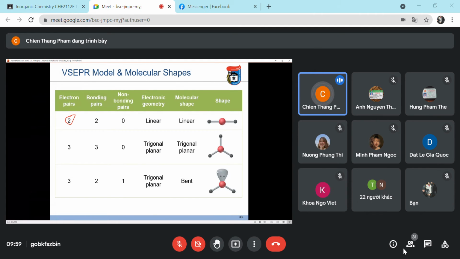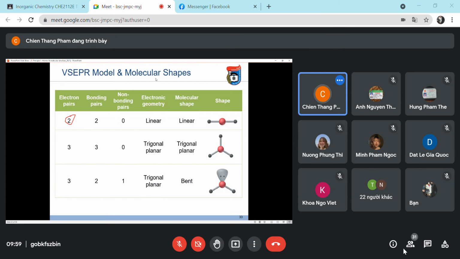What happens when this position is empty? The electron pair has no shape. We can imagine that there are only 3 atoms here. In this case, they form the V-shape, or the bent structure. Okay, so please remember that.